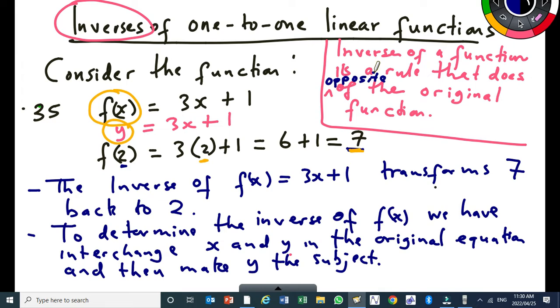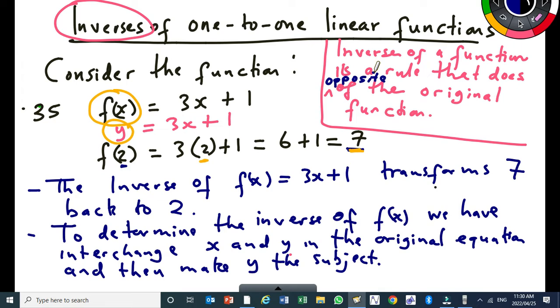All right. Can I have your attention, please? I hope you copied down the heading, then that simple definition of an inverse of a function. I just want to repeat again. The inverse of a function is a rule that does the opposite to the original function.